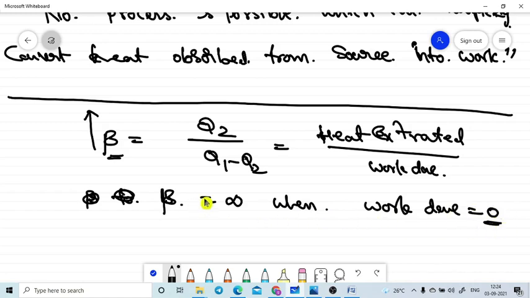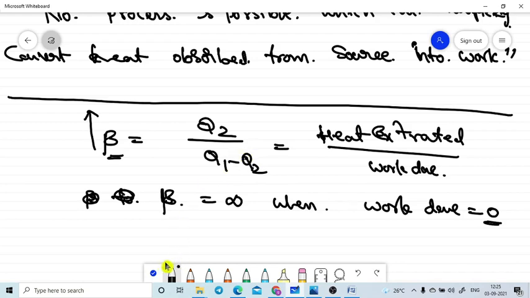When work done is equal to 0, beta goes to infinity. That means Q1 minus Q2 is equal to 0.